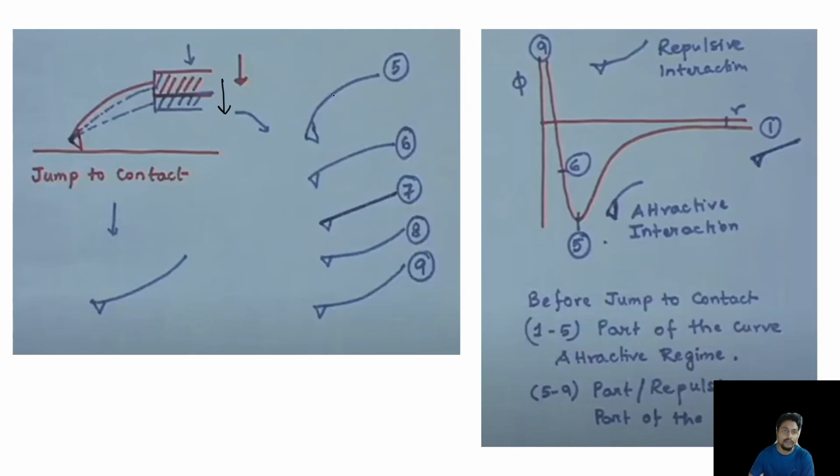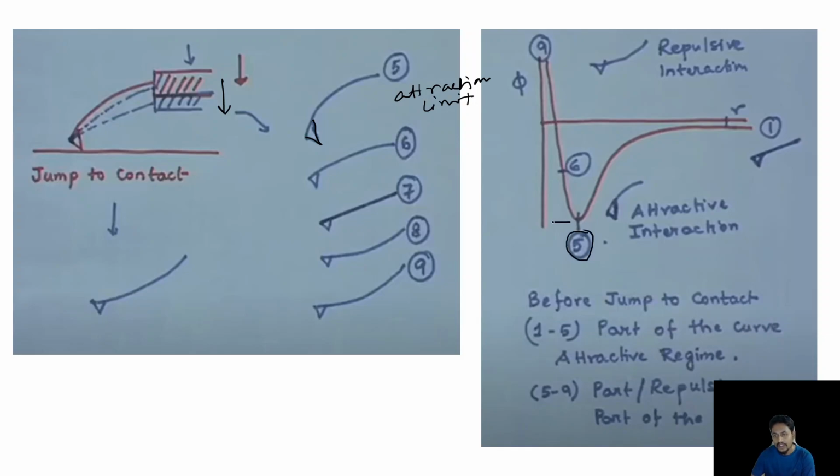The tip is now in contact. Then the attraction limit is reached at this position, let's say the 5 position. If we move this further towards the surface, then it will reach the point of contact. So this 5 position is the point of contact.